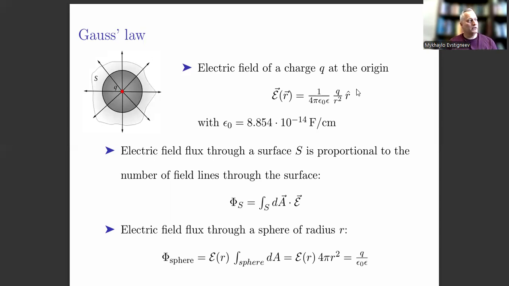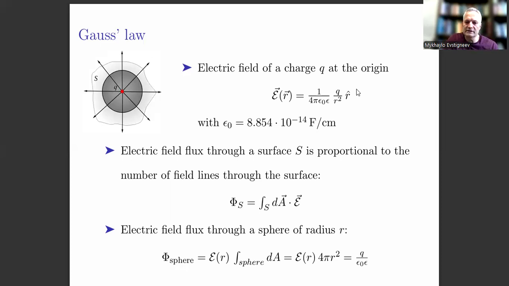Now, in particular, we can choose the Gaussian surface to be a sphere around the charge. The charge is located in the center of this sphere. The reason why we chose the Gaussian surface to be a sphere is, first, the electric field produced by the charge has a constant magnitude everywhere on that surface, on the sphere, because the distance from any point on the sphere to the center of the sphere where your charge is located is the same.